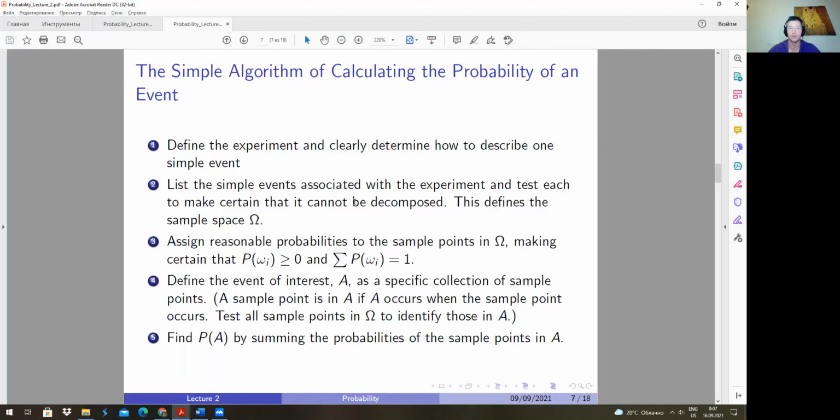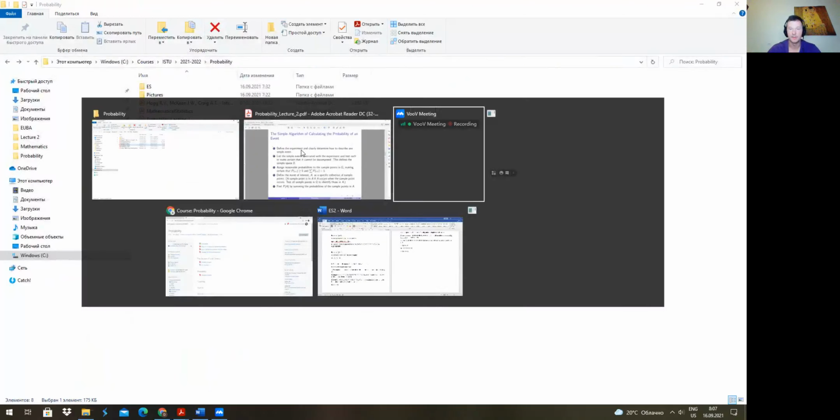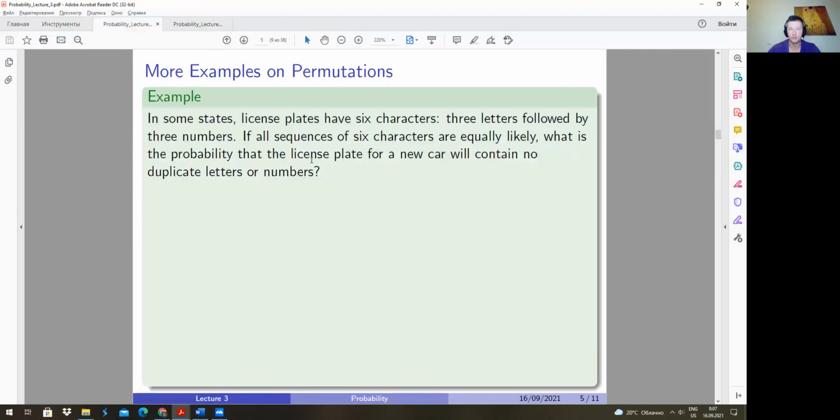So that's our experiment. The second step is to list the simple events associated with the experiment. So we need to calculate how many possible license plates there are. And in order to do this, we need to count how many possible permutations of these 6 characters we can have.